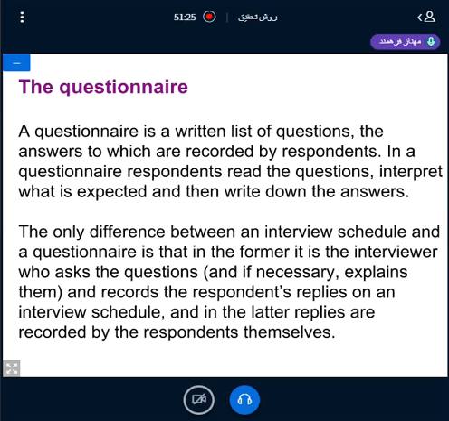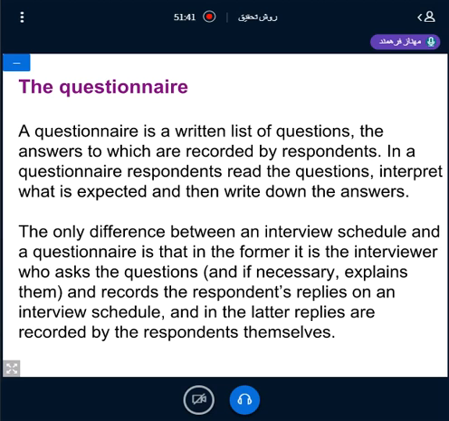And the third form is the questionnaire. Many researchers depend on the discipline; some disciplines need questionnaires.